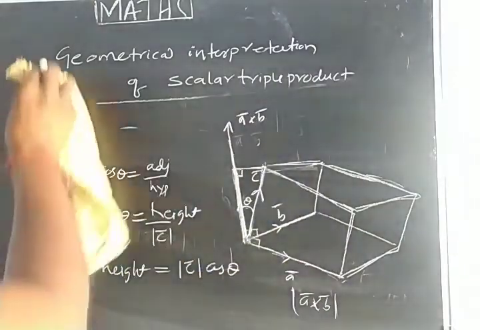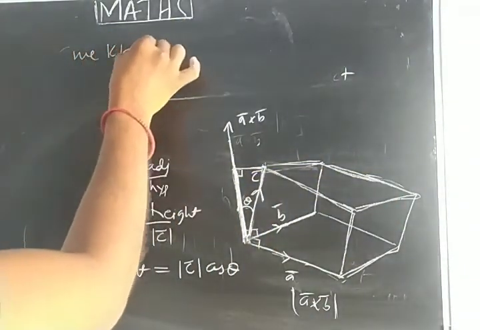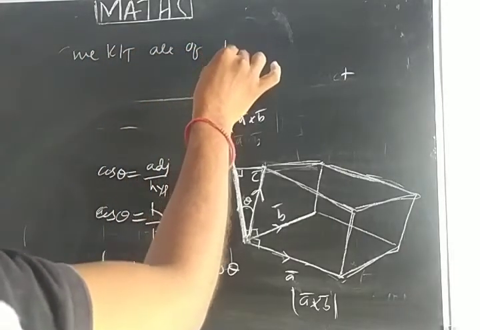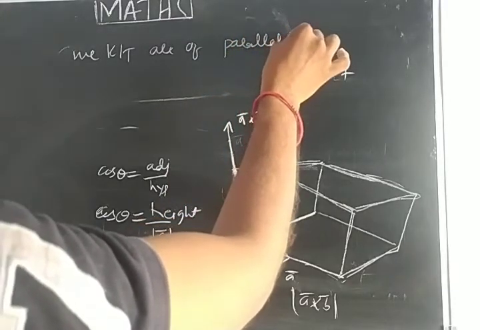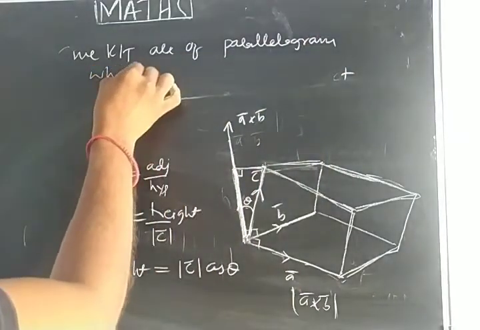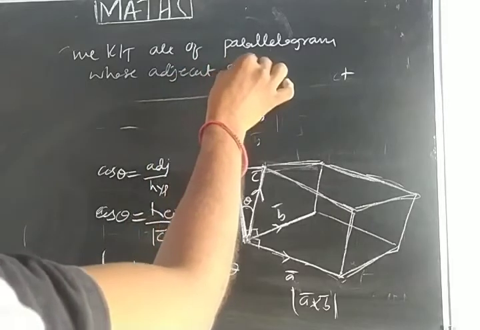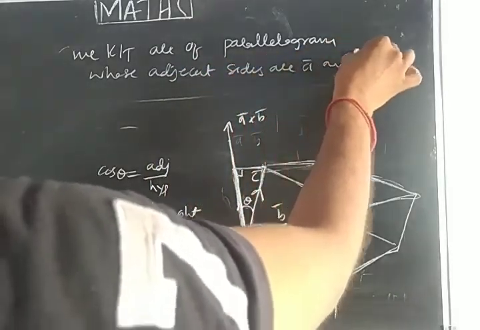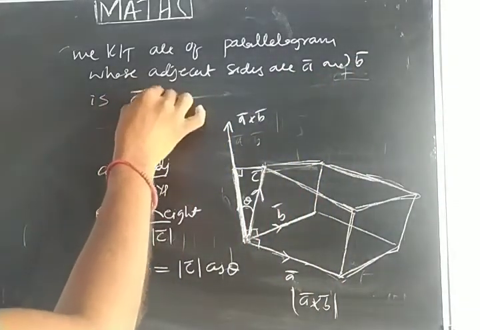Now, we know that the area of a parallelogram whose adjacent sides are A bar and B bar is mod of A bar cross B bar.